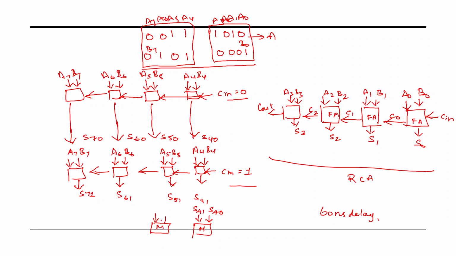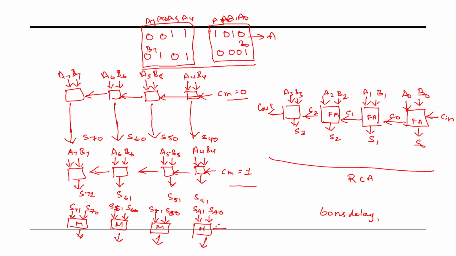Here I will give S5,1 and S5,0, and to the multiplexer S6,1, S6,0, and S7,1, S7,0. It will produce a final sum over here.